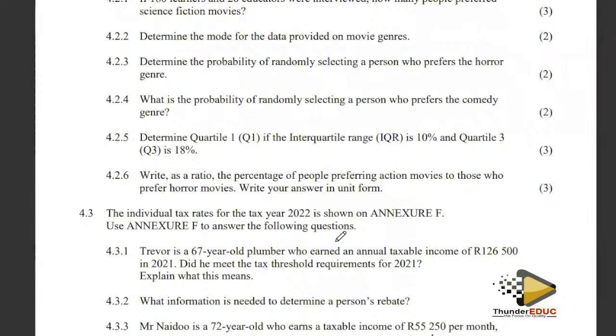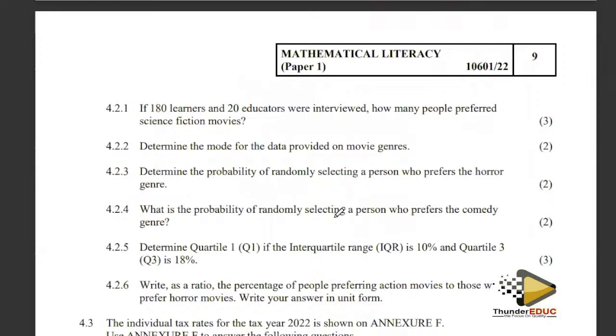Question 4.2.1. If 180 learners and 20 educators were interviewed, how many people preferred science fiction movies? First and foremost, we're going to add them all up, which is 180 plus 20. So the total number of people interviewed is 200.